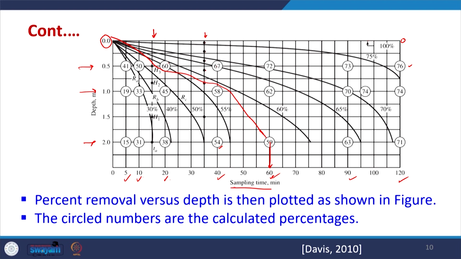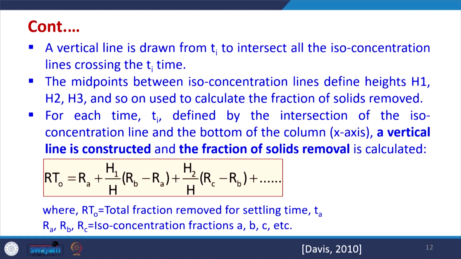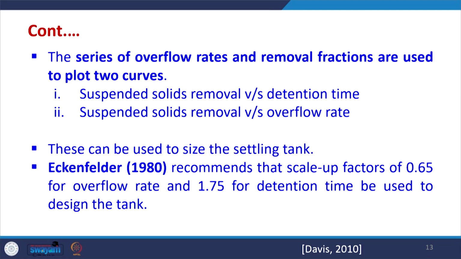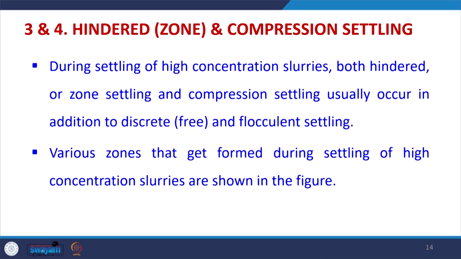The time is already fixed, this is for 35 minutes. We know the iso concentration line and height at this point. All these values are noted down, and from this the overflow rate is known.